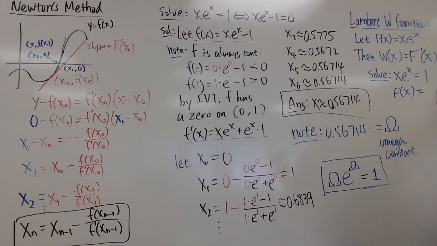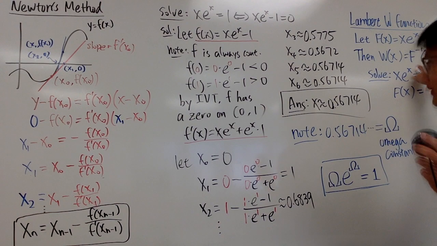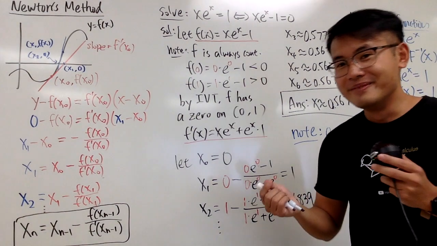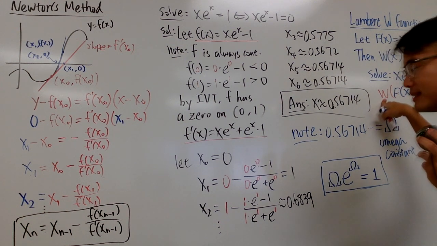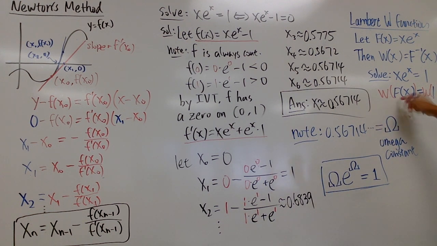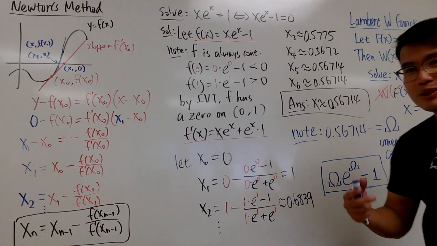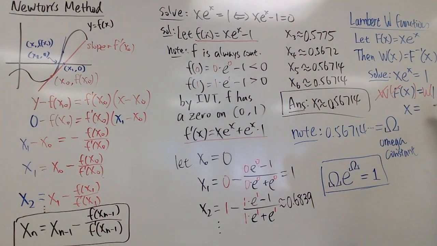And now, because we actually have an inverse function for this guy, which we call W, we can just go ahead and take W on both sides. And because W is defined to be the inverse of f, therefore they cancel each other out. And I just get x by itself on the left-hand side. And what do we get on the right-hand side? We just get W of 1. So let me just put this down.